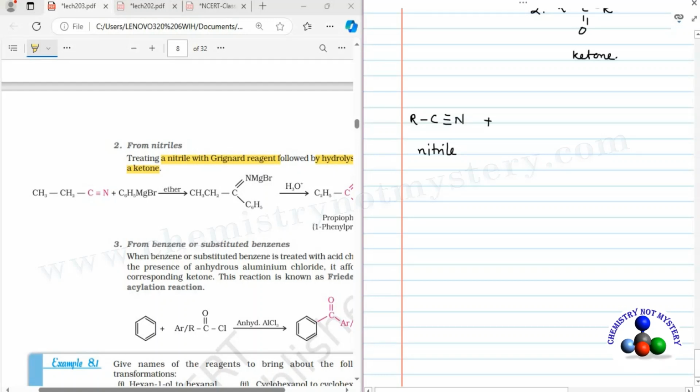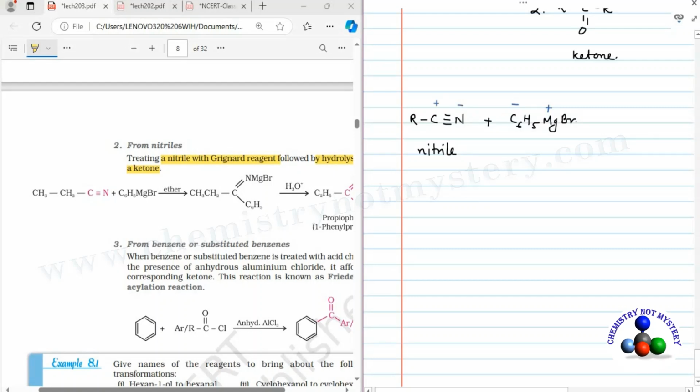And this is RMgX, so I can take it as given in the example, C6H5MgBr. So this is RMgX. Mg is positively charged, Mg is metal, so C6H5 will develop negative charge. Here nitrogen is more electronegative, so it will be negatively charged and carbon will be positively charged.